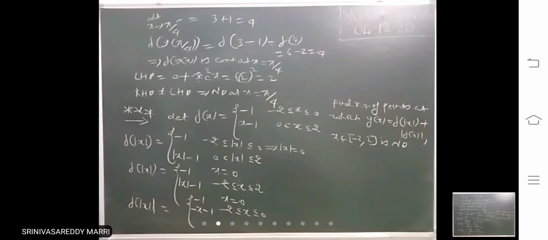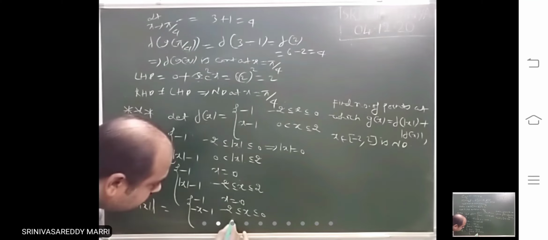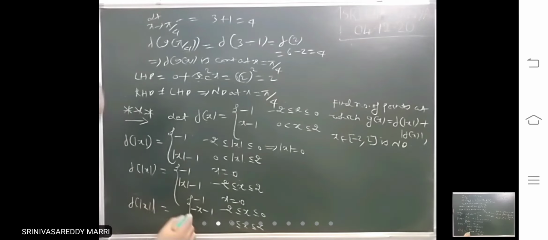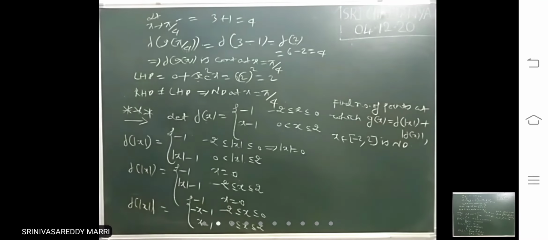Then for 0 to 2, what will it be? x. So this is the definition of f of modulus x. The definition is clear, without any modulus, the function is there. So this is the first function, f of modulus x.